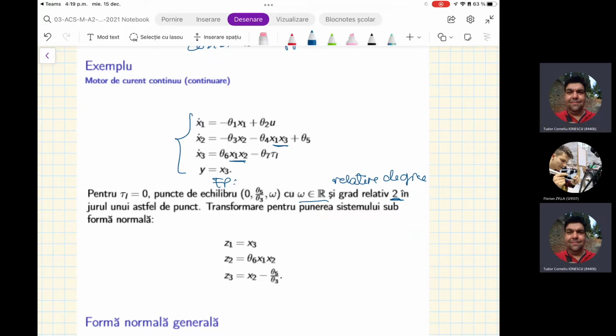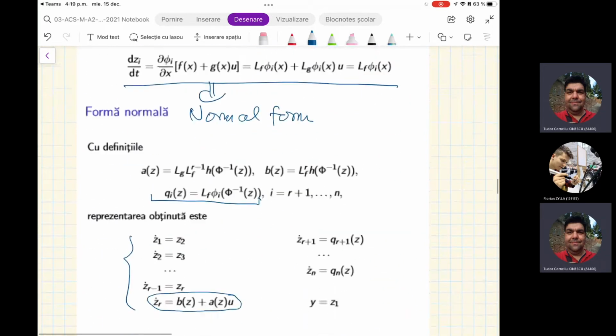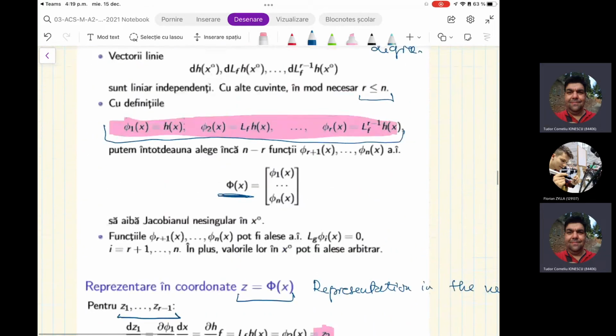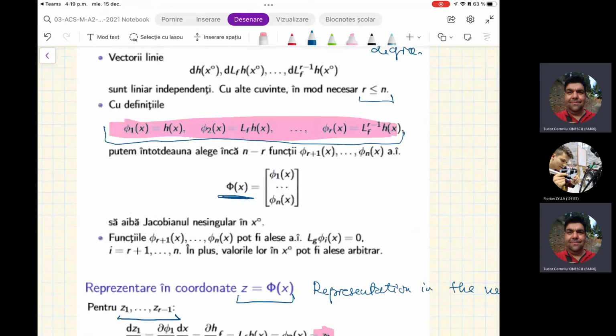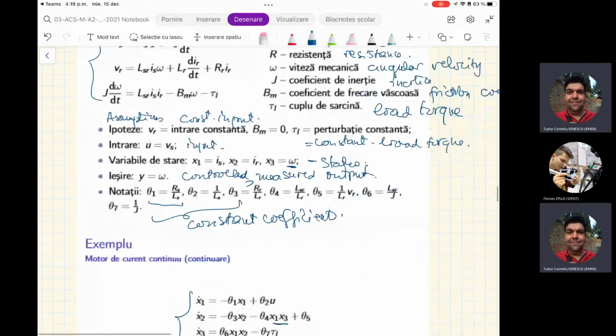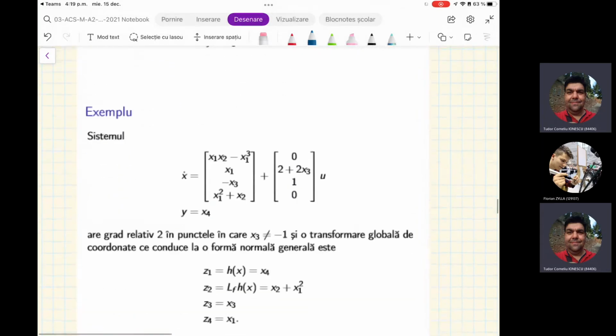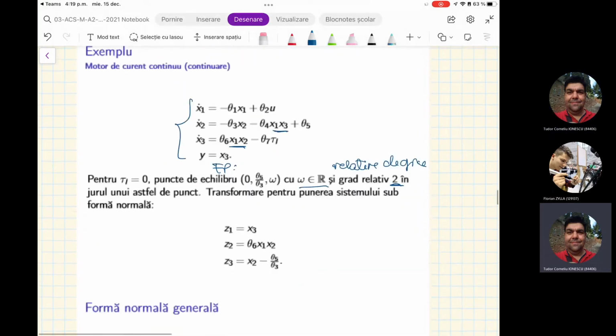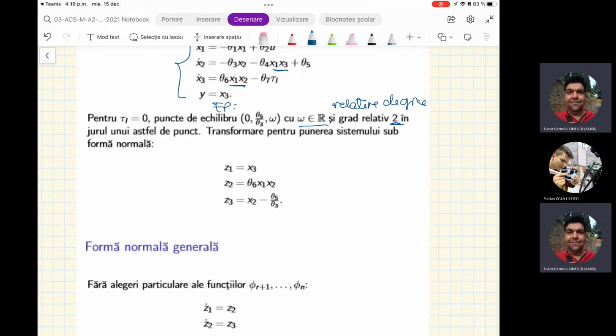So we compute, just like you saw earlier, the coordinate transformation CT.